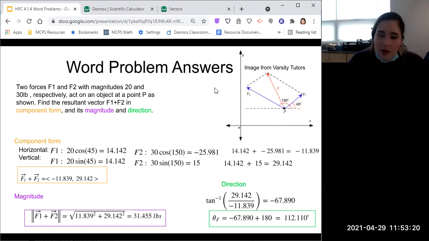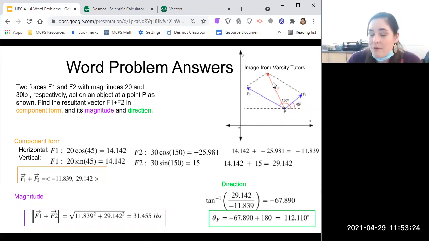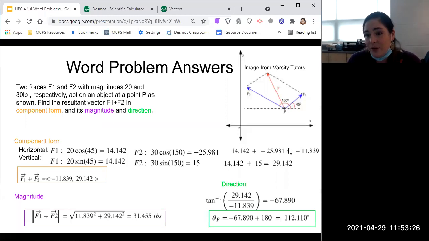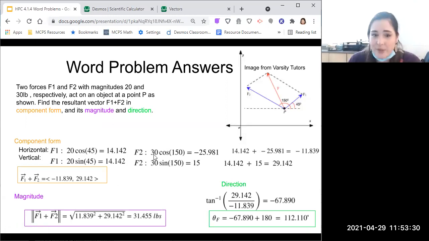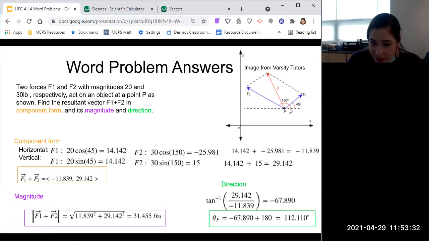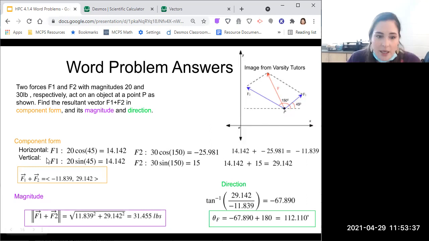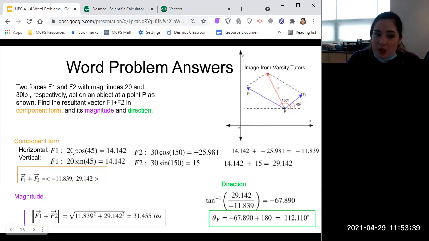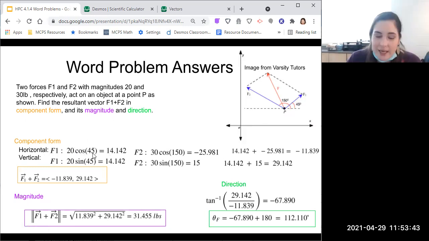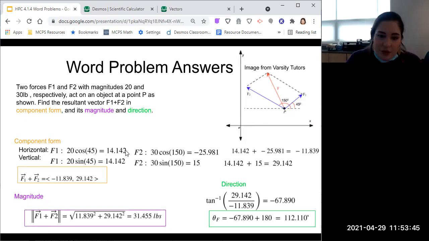If you remember, the way that we find a sum of vectors is by adding their x components and adding their y components, or their horizontal components and their vertical components. So let's look at F1, the 20-pound force in the 45-degree direction. The horizontal component would be 20 cosine 45, right? Magnitude, cosine, direction. So it's 14.142.